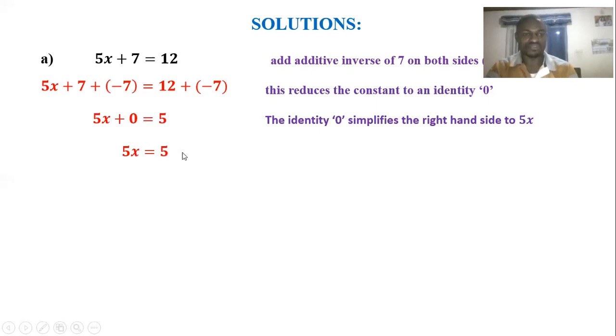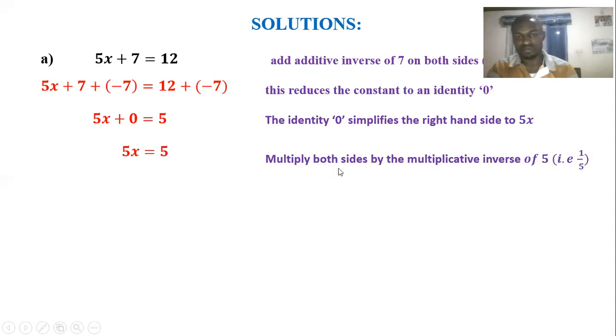We now use the multiplicative inverse of 5, which is 1 over 5, and we multiply it on both sides. One over 5 times 5x is equal to 1 over 5 times 5.